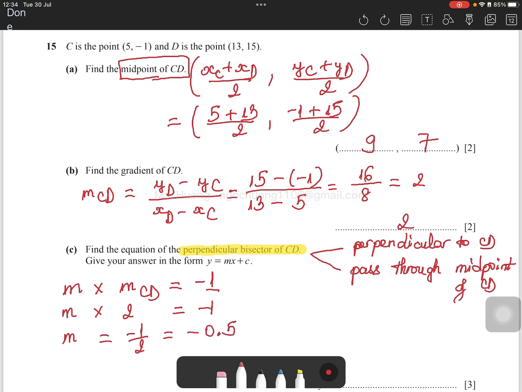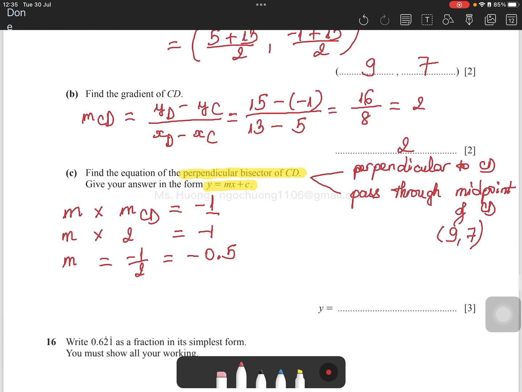Next, this perpendicular bisector must pass through the midpoint of CD. And from question A, we see that the midpoint of CD is (9, 7). So, this line must pass through the point (9, 7). We substitute the gradient and the midpoint into this formula, y equals mx plus c.